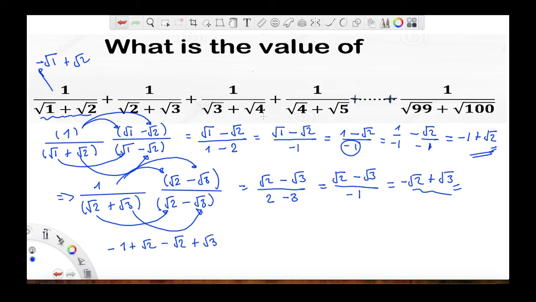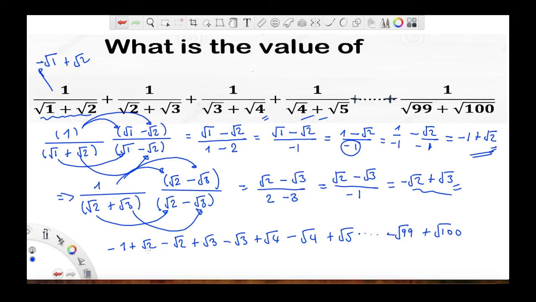The third will also give the same. So the first will be minus root 3 plus root 4. Next we are going to have the same, minus root 4 plus root 5. So it will continue until we are going to have minus root 99 plus the square root of 100.